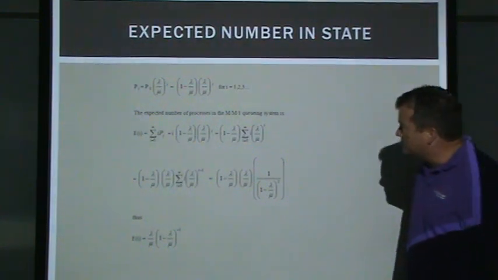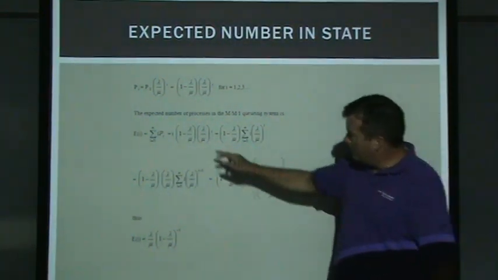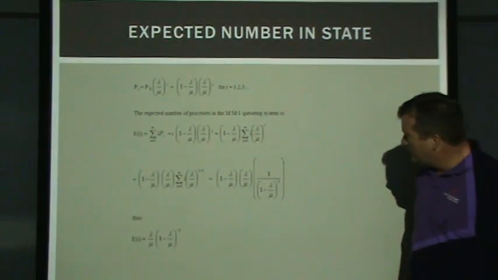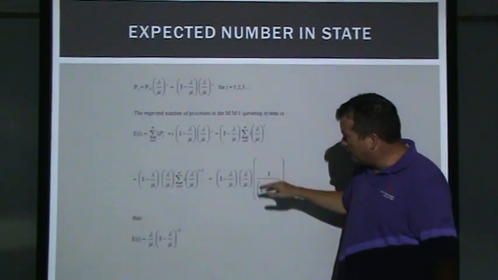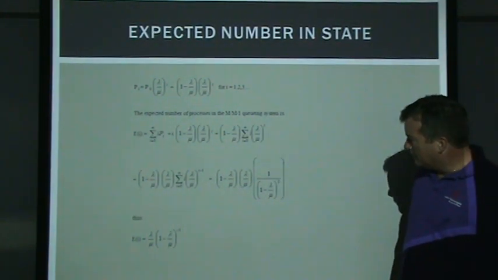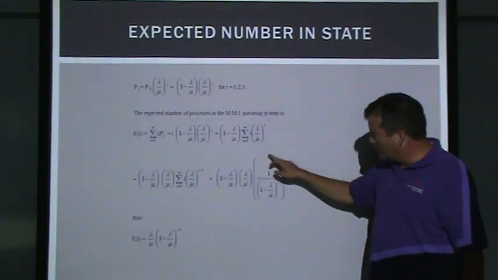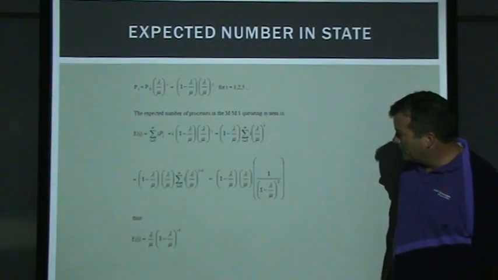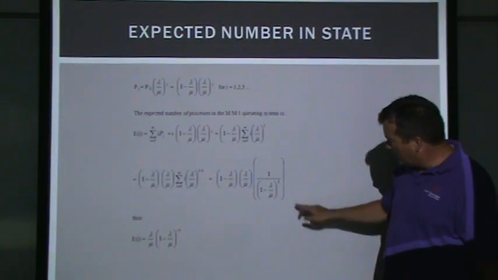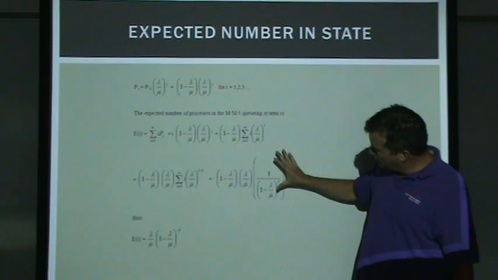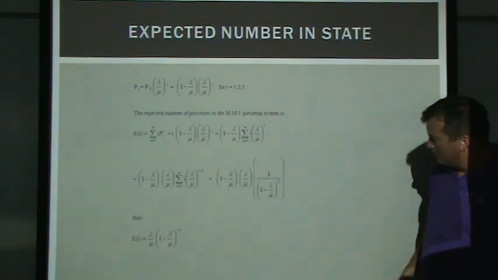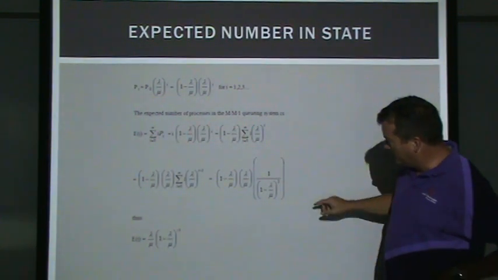So now just rewriting some of these results, we have the probability of being in any particular state. This is a rewrite of the last slide, and this is the expected value of what we expect to see in front of us. The reason I rewrote this is because we ran out of space on the last slide.